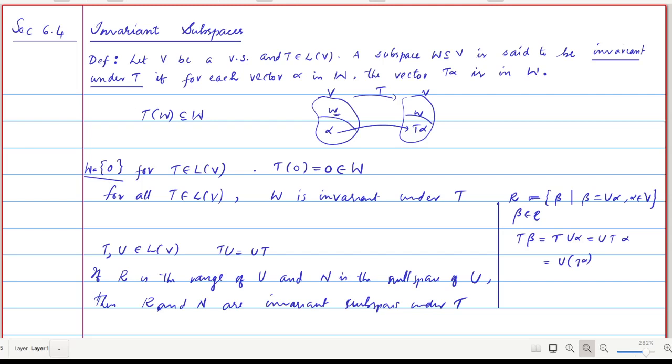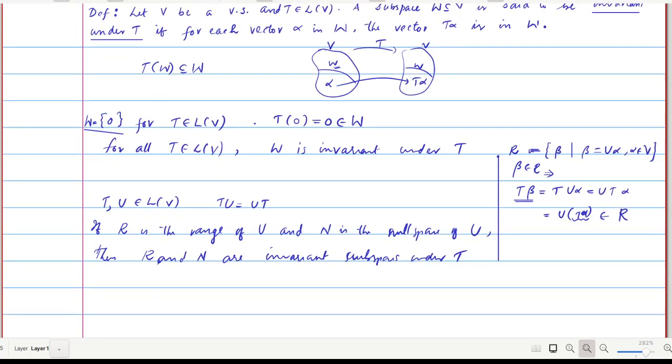In fact, this belongs to R, because R contains elements which are images of some element of V under U. So T beta is also in R. It shows that beta belongs to R implies T beta belongs to R. This shows that R is invariant under T.